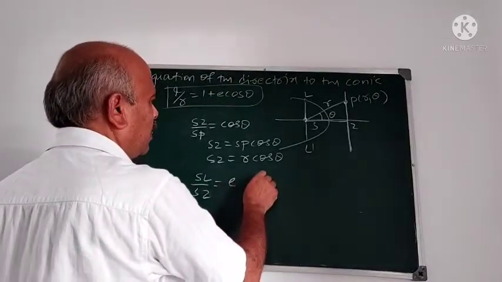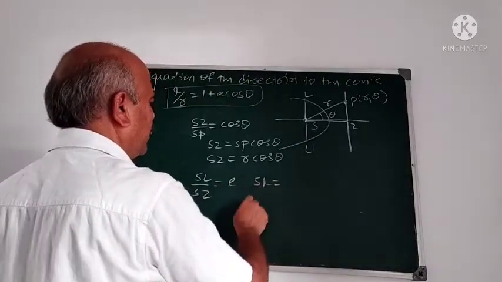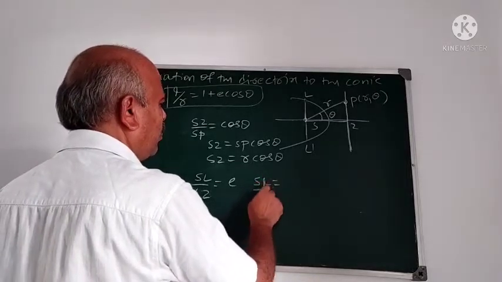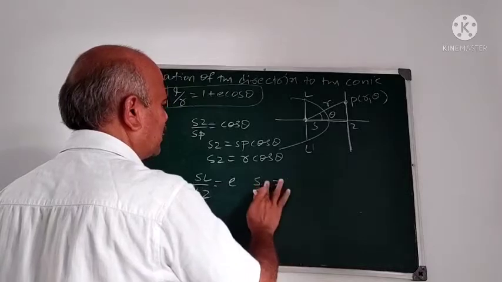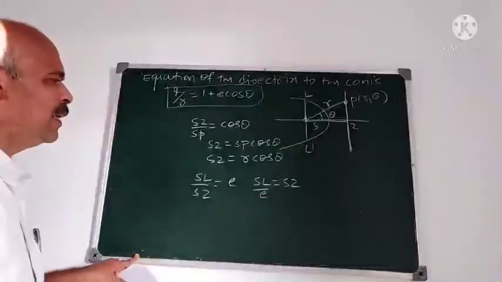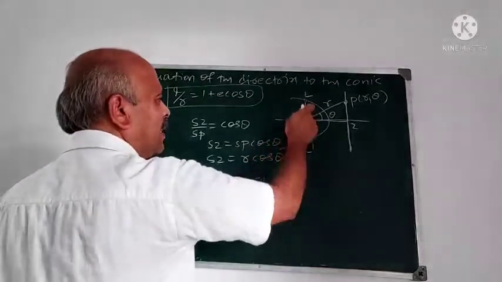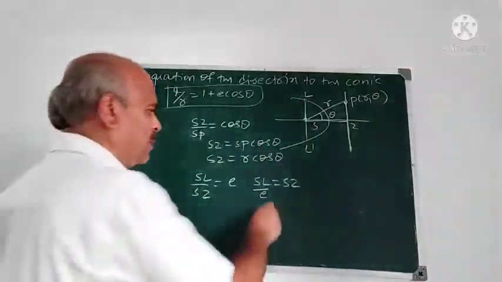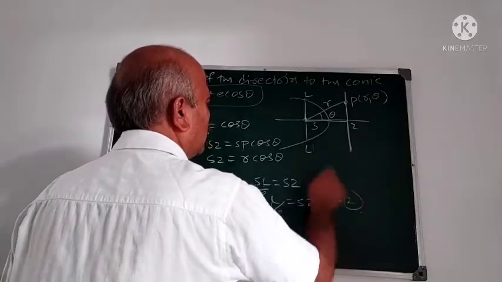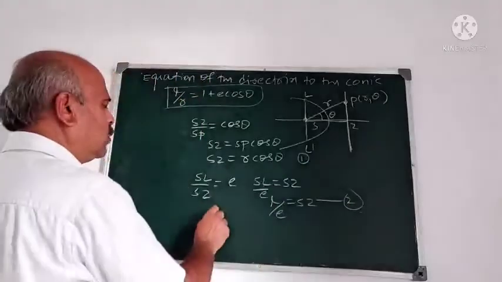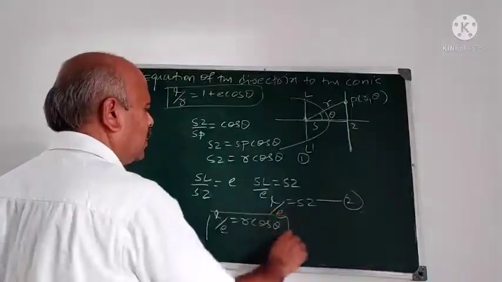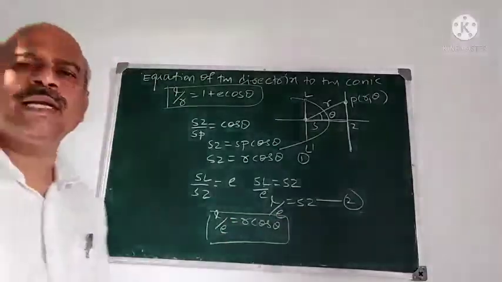Therefore SL upon e is SZ. But what is SL? SL is nothing but the semi-latus rectum, half of the latus rectum. So L by e is SZ. Take this as 2, this as 1. From 1 and 2, L by e is r cos theta. This is the equation of the directrix.